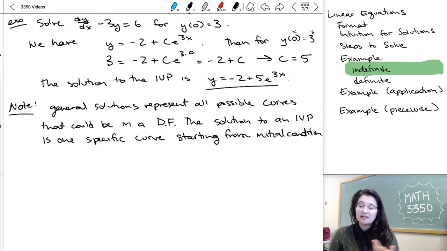For the one we just did, it would be the point (0, 3). So hopefully that helps explain why we have these two different types of solutions. In general, if you have initial conditions given in your problem, you should not have constants left over from integration, would be sort of the rule of thumb.